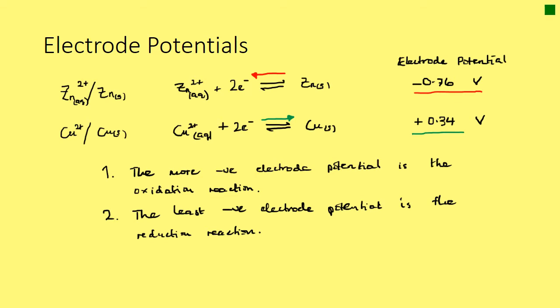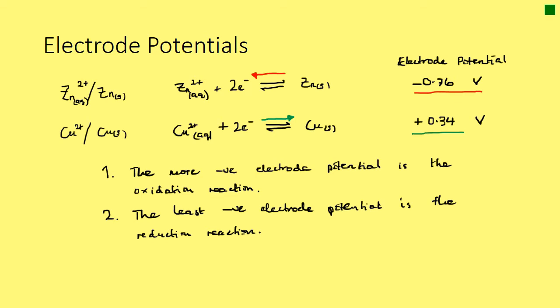And the other rule is, the least negative electrode potential is the reduction reaction. When we say the oxidation reaction, the reduction reaction, you remember that in one half cell we've got oxidation going on, in the other half cell we've got reduction going on.